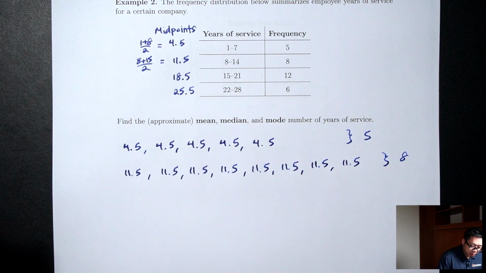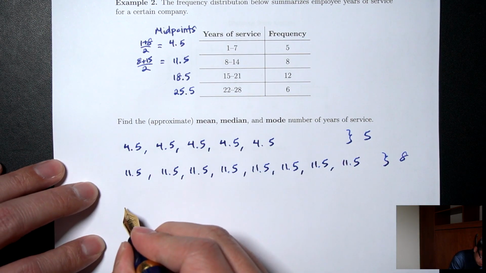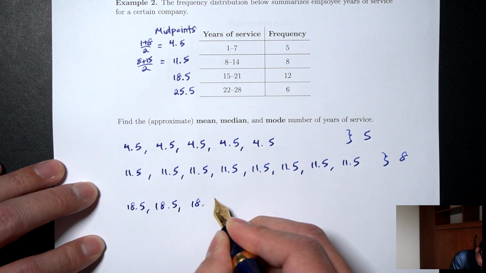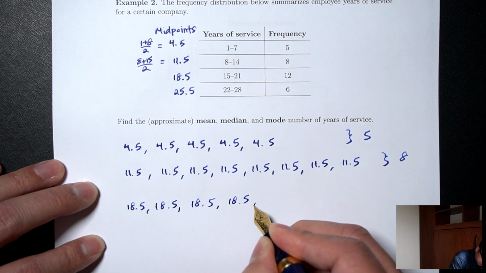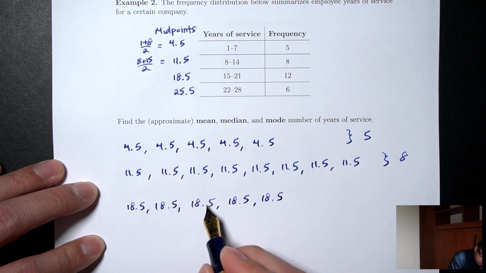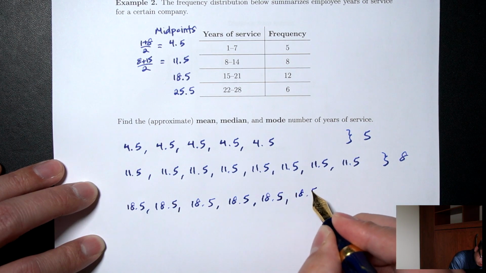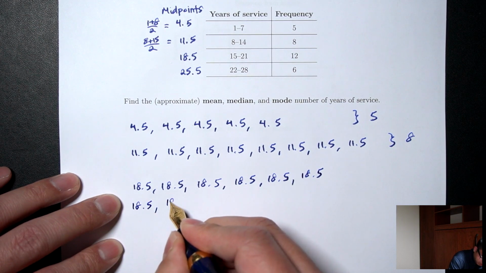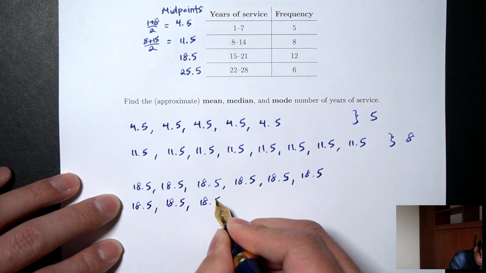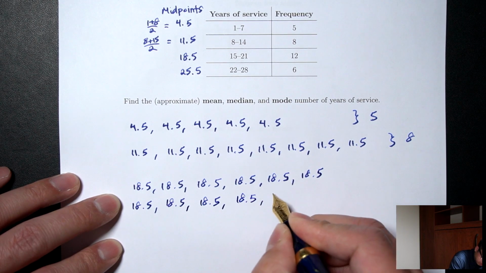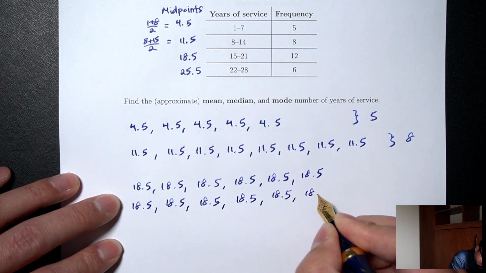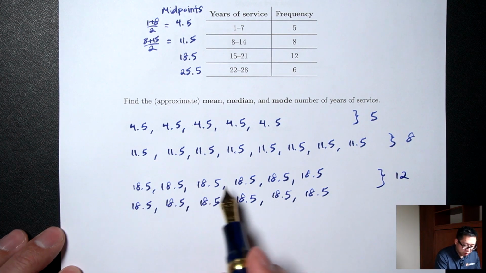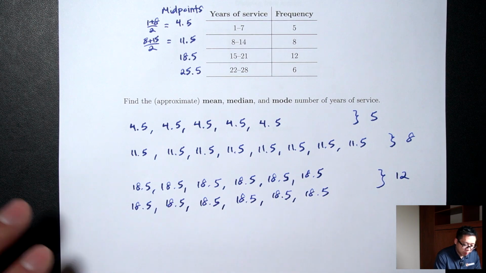There's 12 18.5s. So this one's long. It's 1, 2, 3, 4, 5, 6. Let me go to the next line. There's 12 of those. 1, 2, 3, 4, 5, 6, 7, 8, 9, 10, 11, 12.